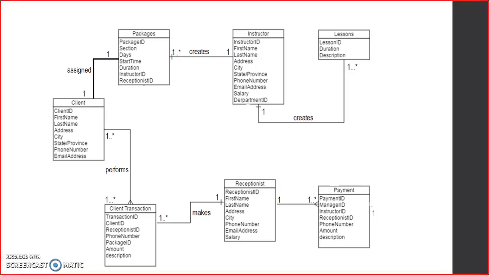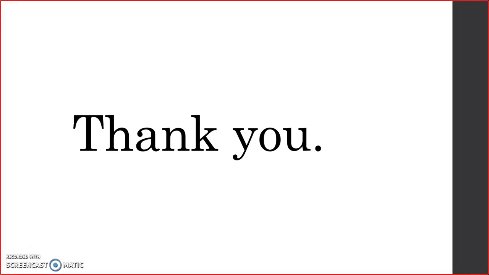So the instructor is the one who creates the packages. And then under the instructor, we have the instructor ID, first name, last name, address, city, state, province, and many other details. So that is the class diagram.